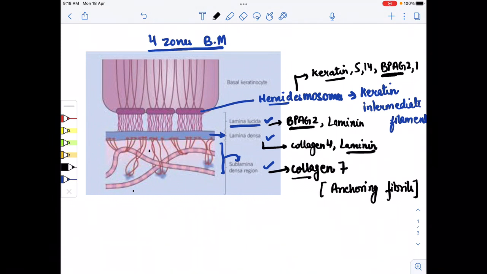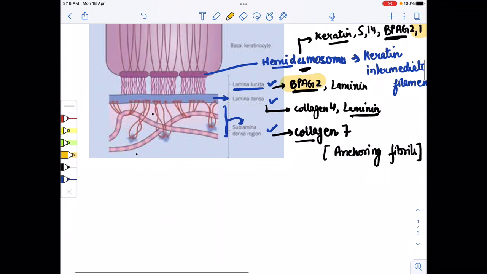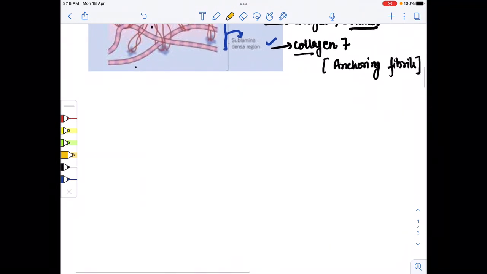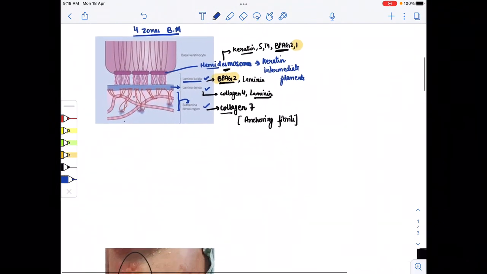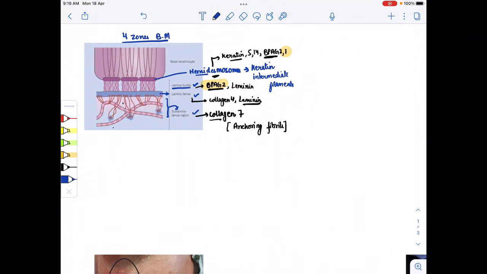On the basis of these zones we have some defects. If there is a BPAG1 defect, it involves the hemidesmosome part, and if there is a BPAG2 defect, it is a lamina lucida defect and involves the bullous pemphigoid group. So let me write some points: classification with defects.